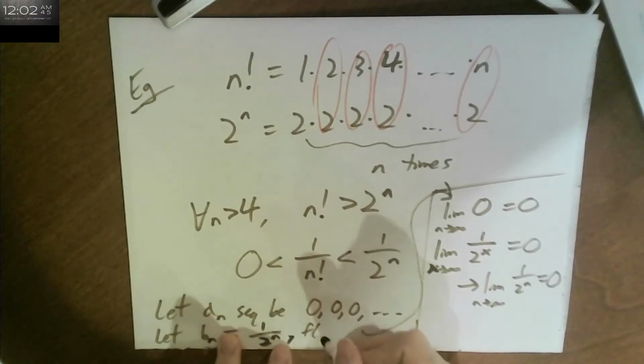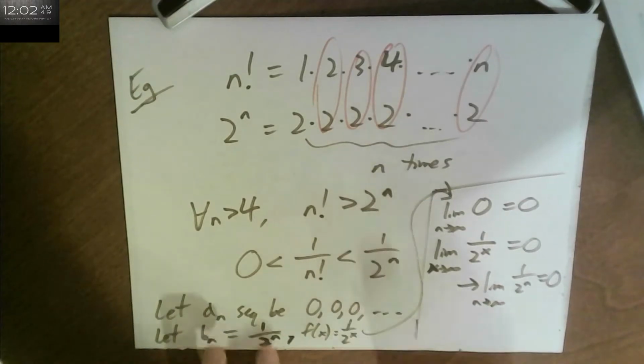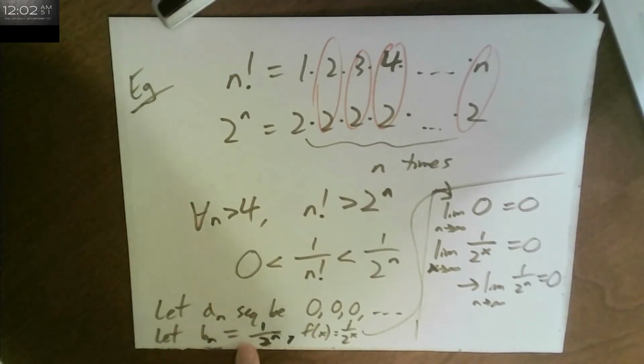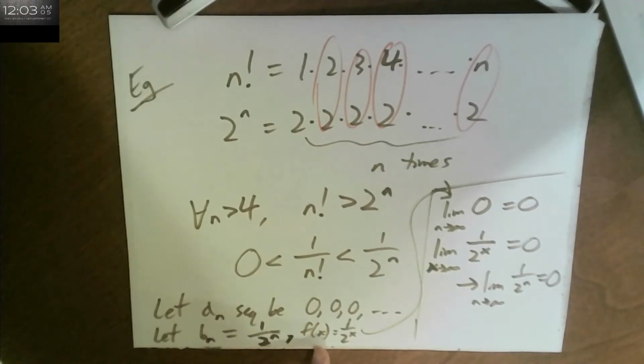So we can also say let f of x equal 1 over 2 to the x, right? I converted my discrete b sequence into a continuous x variable, f of x, that we use. The f doesn't have to be continuous. It is in this case, but doesn't have to be, right? The x is what is a continuous variable, right? X is allowed to be all real numbers.